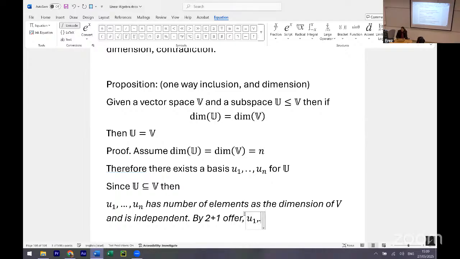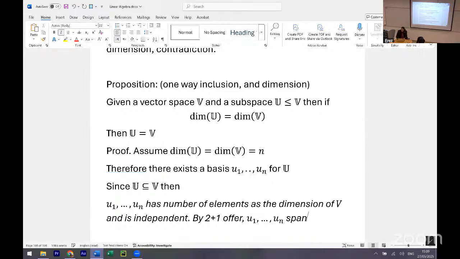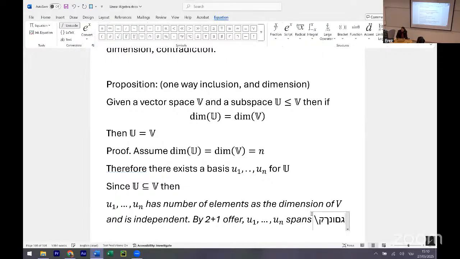U1 to UN spans V. We knew it spans U because it was a basis for U, but it must also span V. Another way to put it, if U1 until UN does not span V, then there is some vector that cannot be created with them. If we add that vector to the sequence, it will be a larger independent set which surpasses the dimension, and we learned that that is impossible.